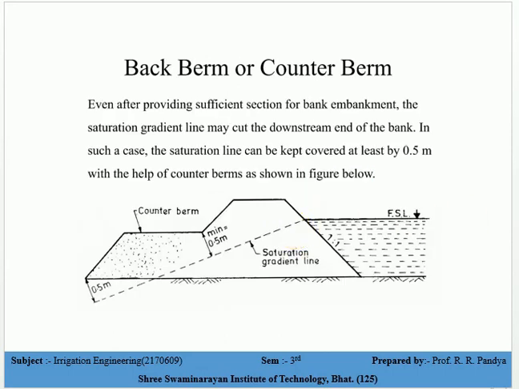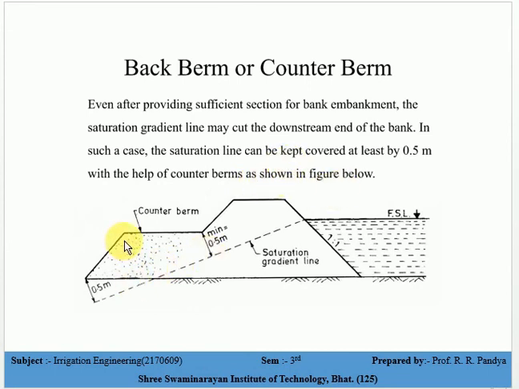Next, jump to the back berm and counter berm. So even after providing sufficient section for the bank embankment, the saturation gradient line may cut the downstream of the bank end of the bank. In such case, the saturation line can be kept covered at least by 0.5 meter with the help of counter berm as shown in the figure.